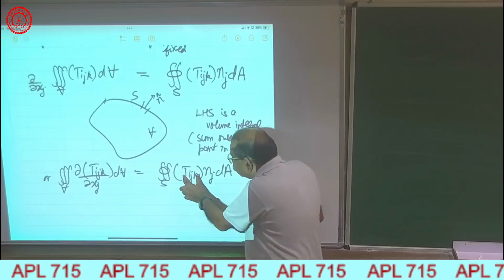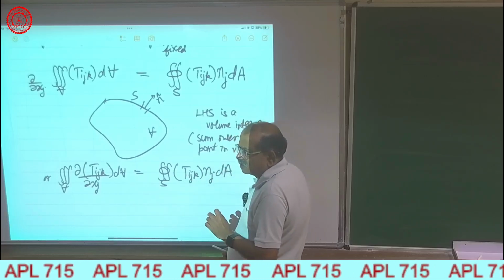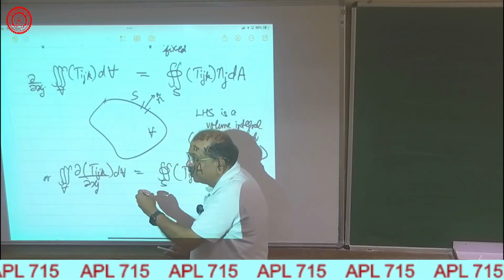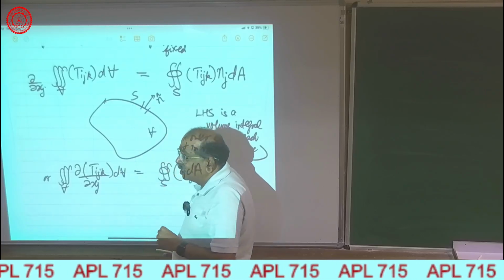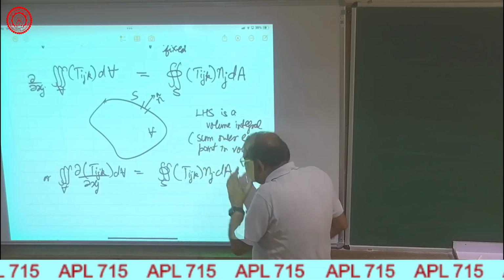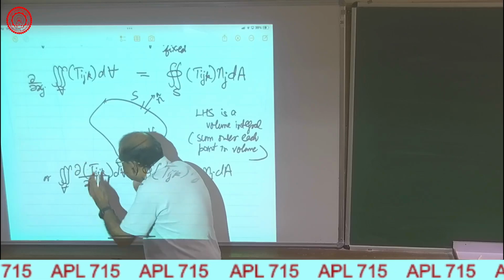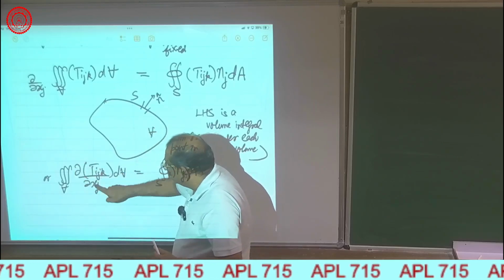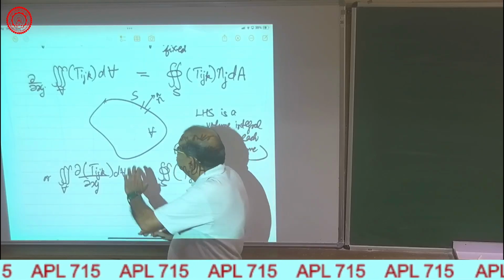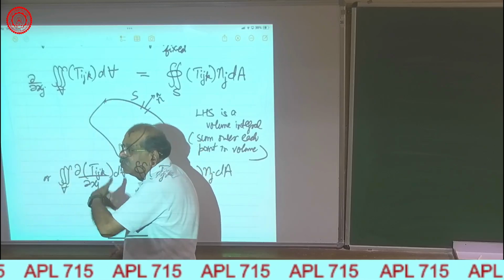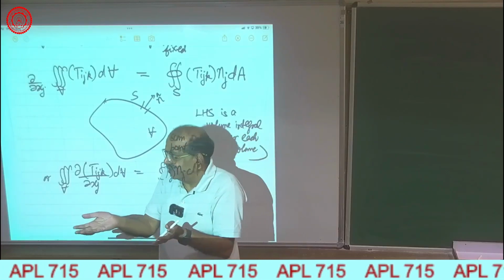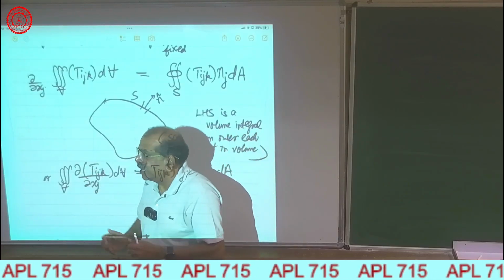So now, if this quantity is 0 on the surface, what it tells you is the divergence of this term is 0. So that means this quantity which we have, partial tijk by partial xj, what does it do? It redistributes Tijk within the volume. That will be the role of the divergence of Tijk.